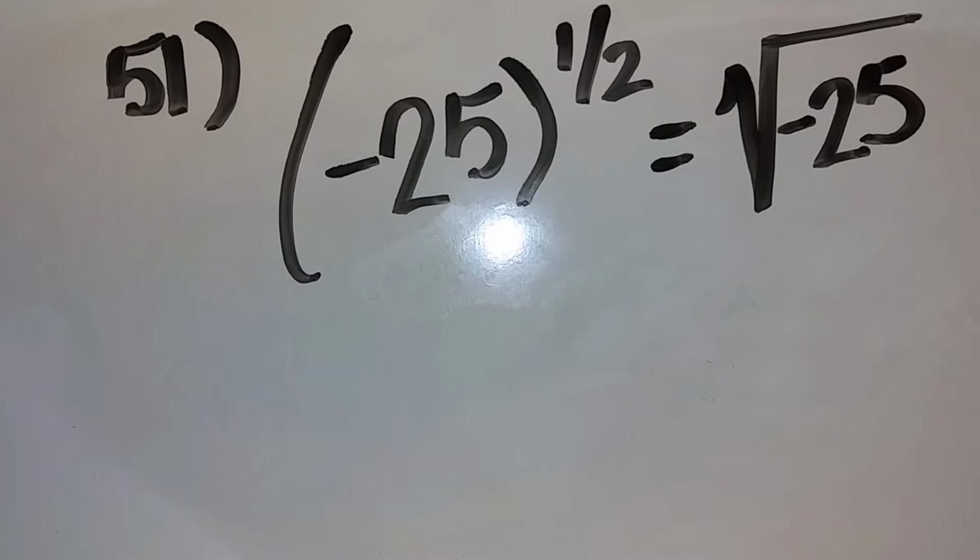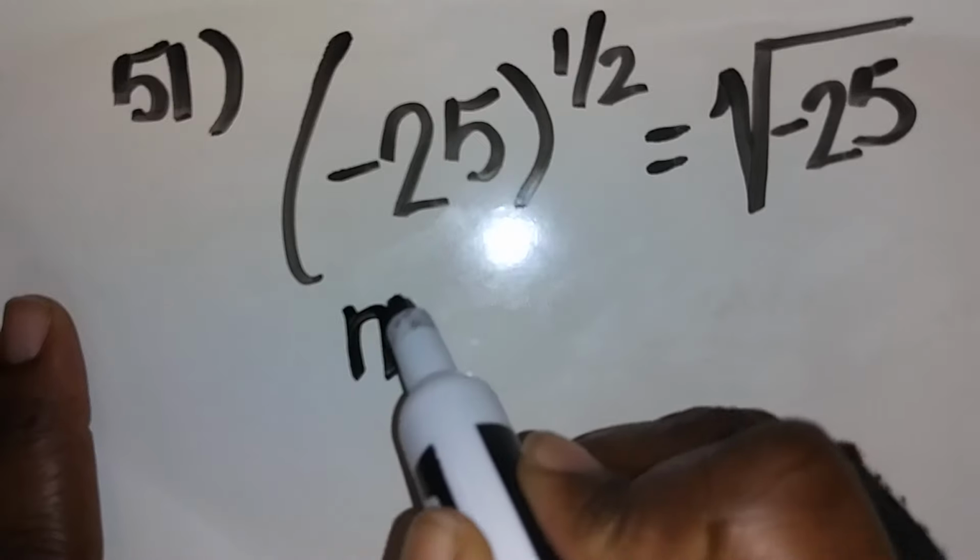If my radicand is a negative and we're dealing with a square root, fourth root, sixth root, we have to think of one number I can multiply twice to get negative 25. And it's not possible because 5 times 5 is positive 25 and negative 5 times negative 5 is also positive 25. It's not negative 25. So I cannot find one number multiplied twice to get negative 25. So right here, this is not real.